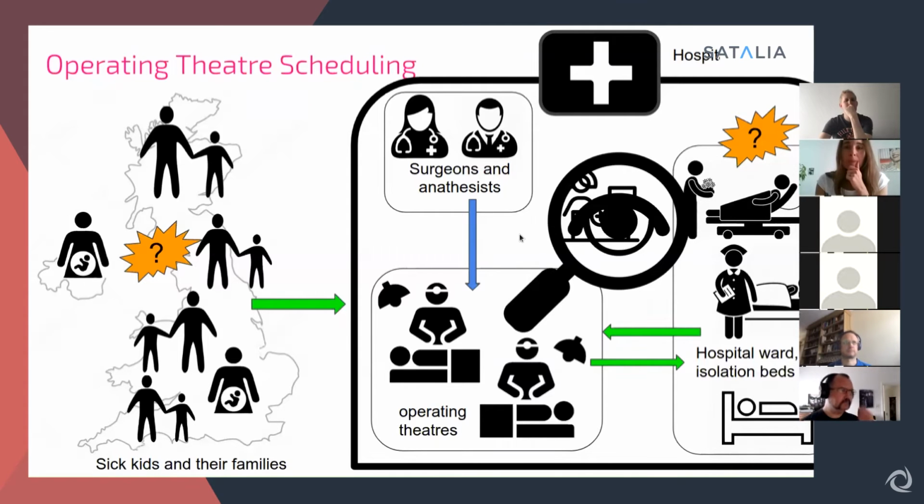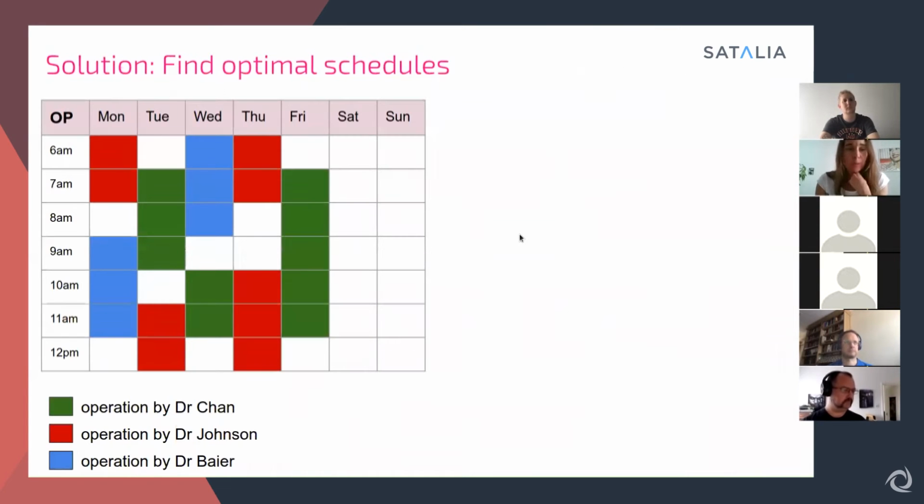So what would be the actual outcome of this operating theater scheduling? It would be a schedule. So here is an example for the operating theater. We see here for each day, each block represents an operation, and the coloring represents which surgeon is going to perform the operation.